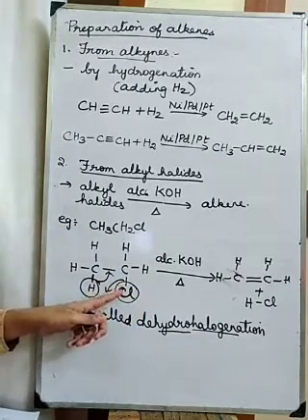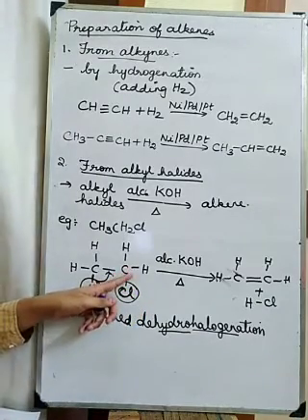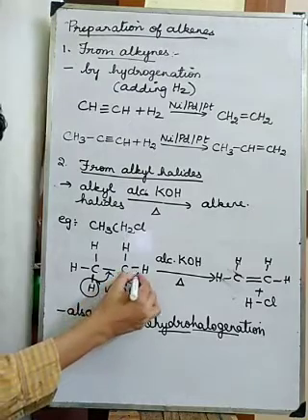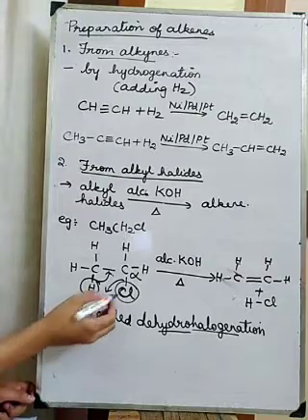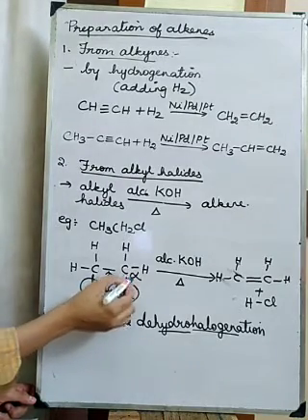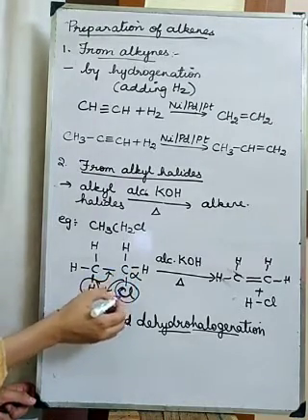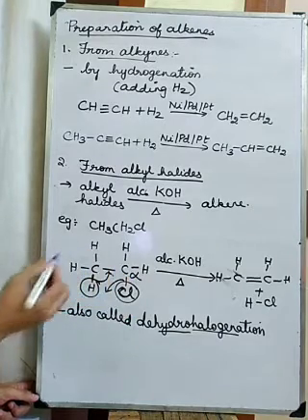Now the chlorine is the functional group here. The carbon to which the functional group is attached is called the alpha carbon.